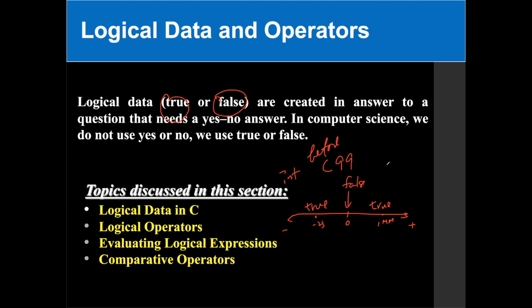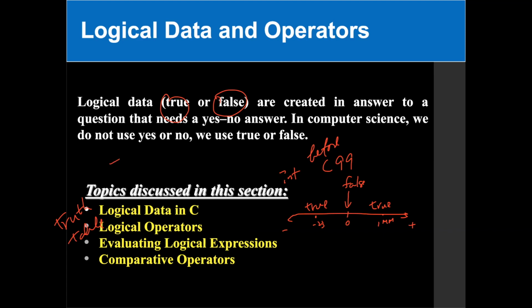But that said, effective C99 standard, that standard introduced the Boolean data type, and that is true or false. So now that we have true or false, in the following slides, let's talk about these logical data, and also what we call truth table. This is in your logic in mathematics. It's the same thing.